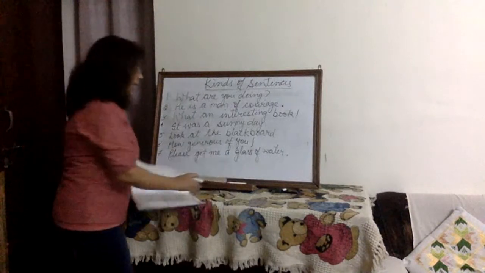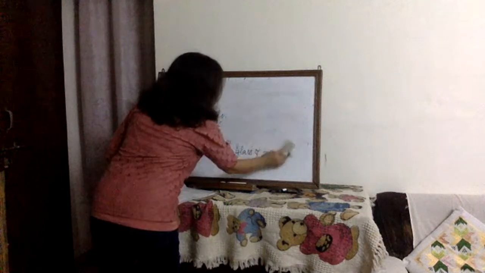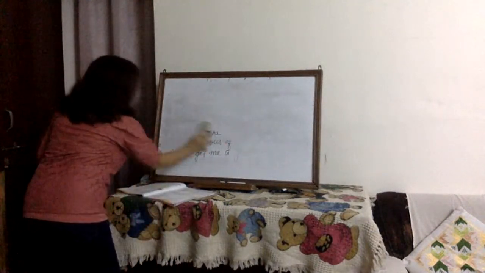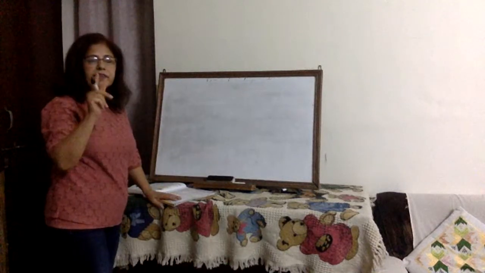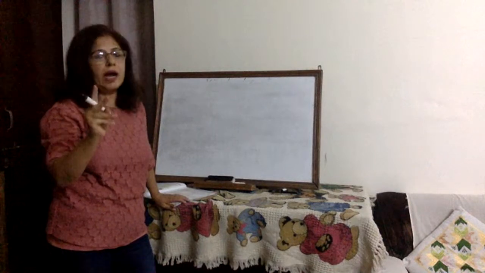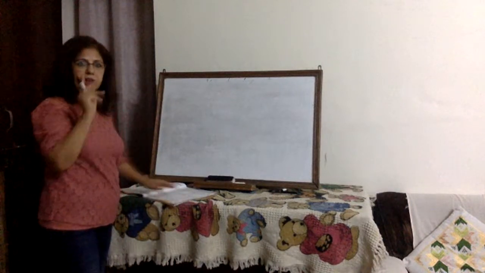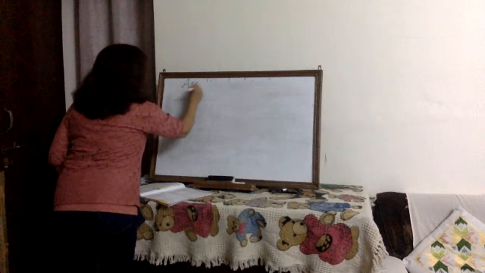First of all, these are assertive sentences. I will write here. So I told you that assertive sentences further have 2 kinds.